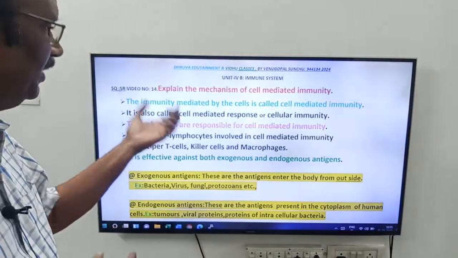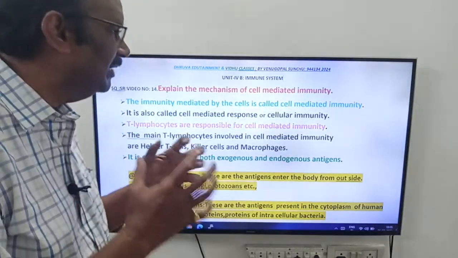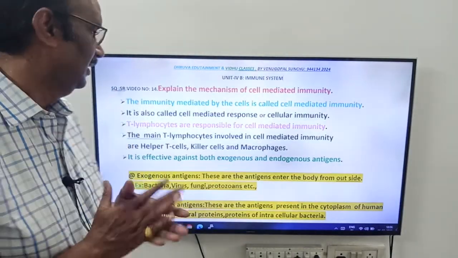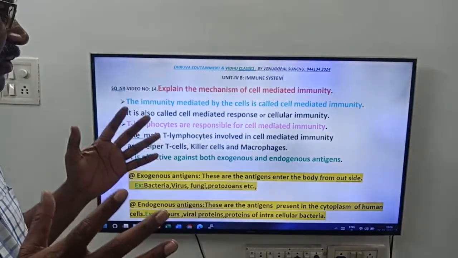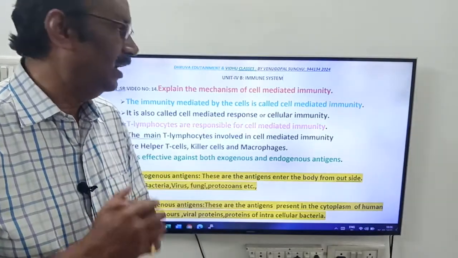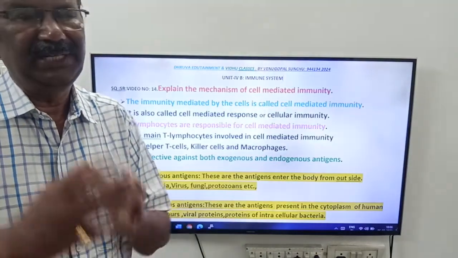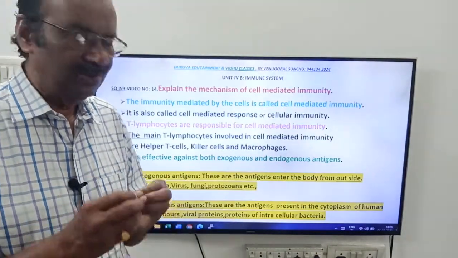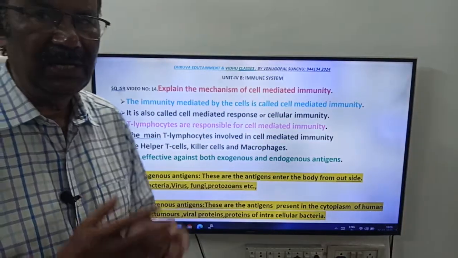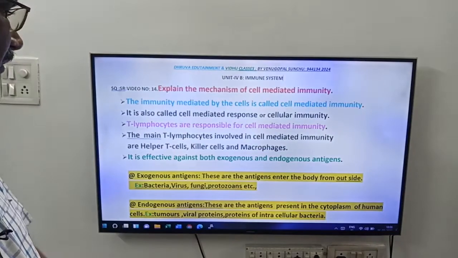So the immunity mediated by the cells is called cell mediated immunity. Friends, it is also called cell mediated response or cellular immunity.